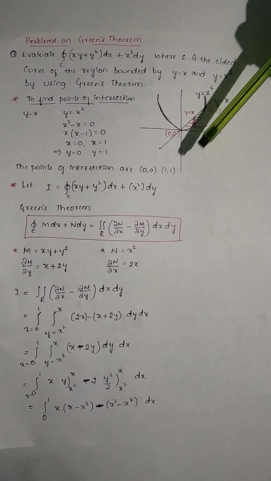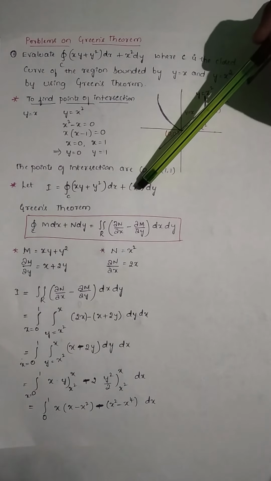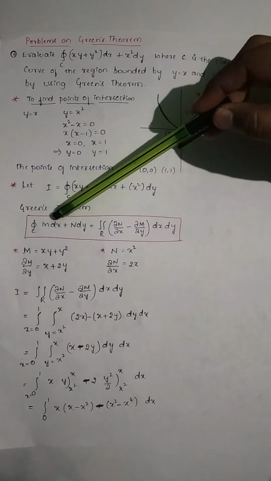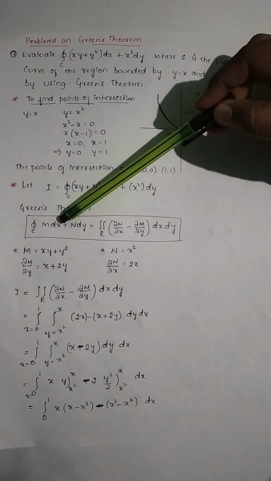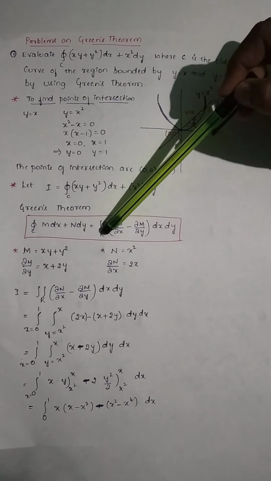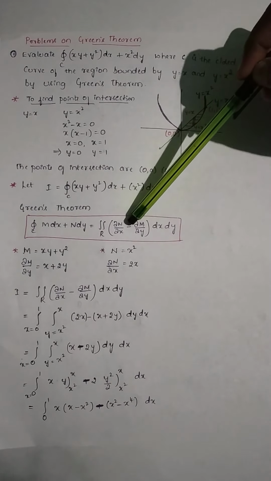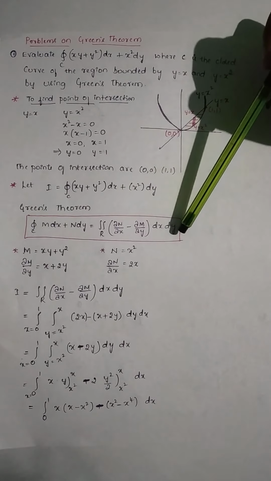And now to evaluate I, write Green's theorem. Green's theorem is: integral over closed curve C of M dx + N dy is equal to the double integral over R of (∂N/∂x − ∂M/∂y) dx dy.